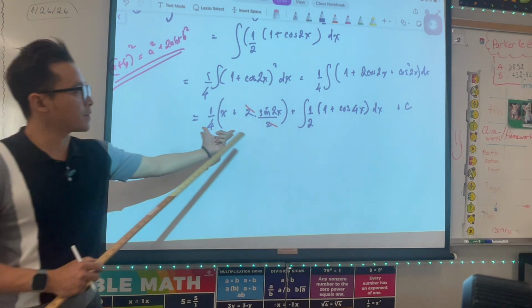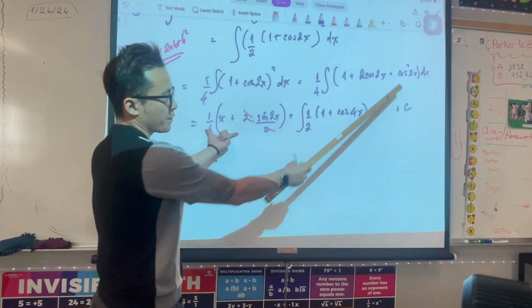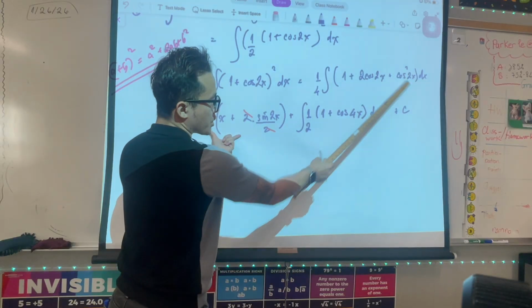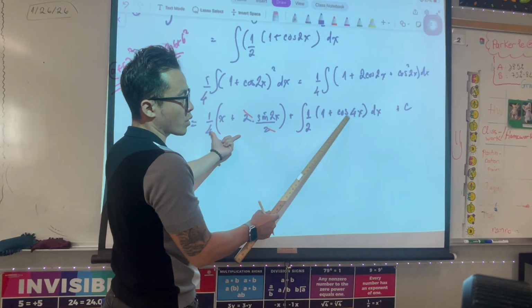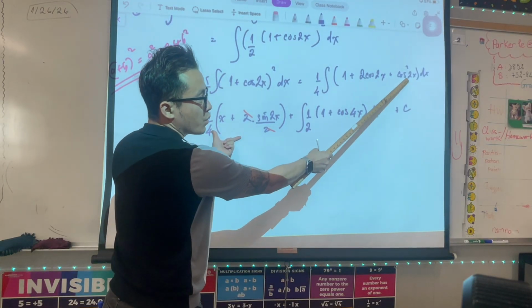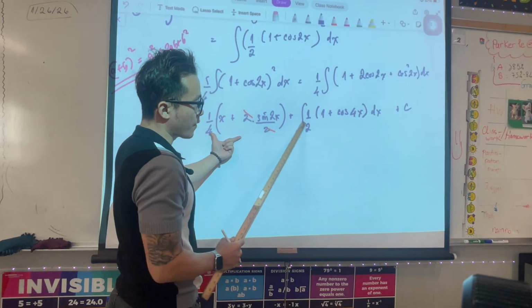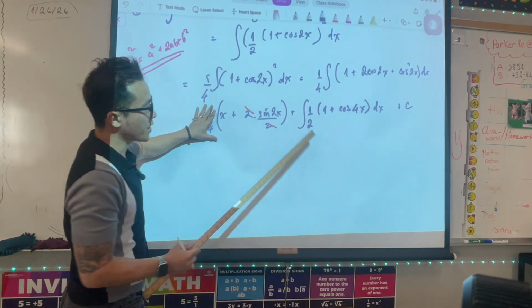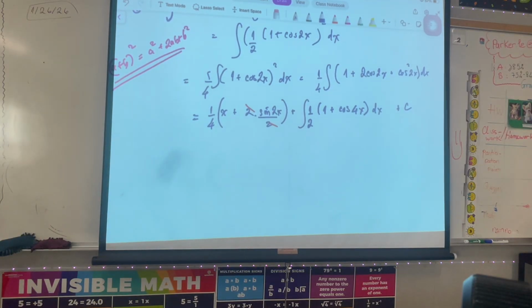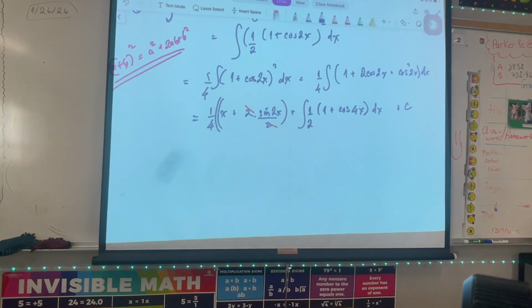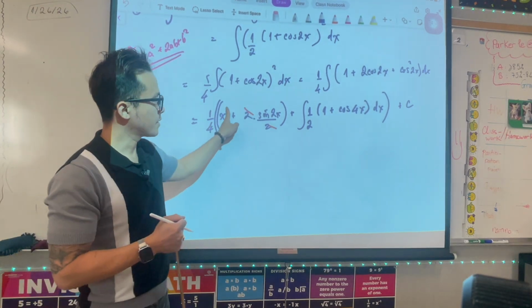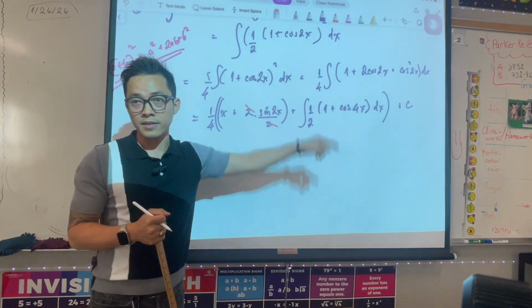So we've done the integral of the first two. Now we need the integral of this. This one we just rewrote to become 1 plus cosine 4x because 2 times 2x is 4x. It's still 1/2. Okay. And remember 1/4 is for everything. So you need to have a big parenthesis here to remember the 1/4 distributes to everything.